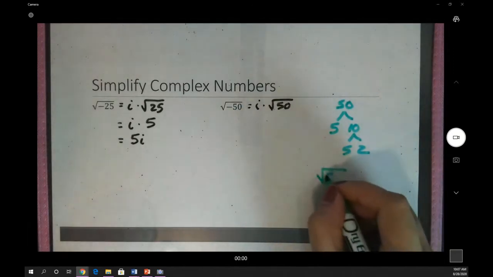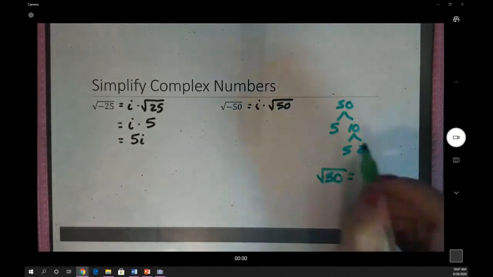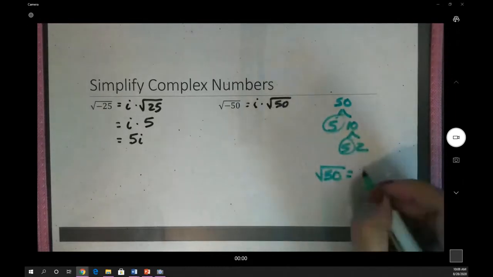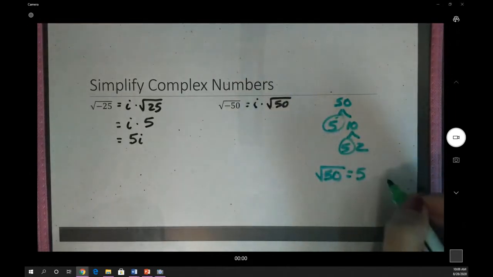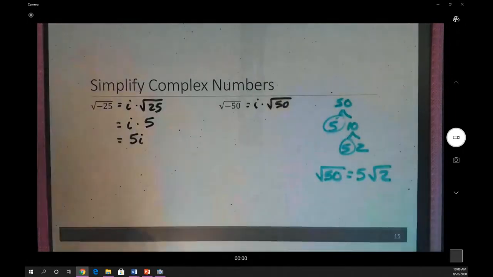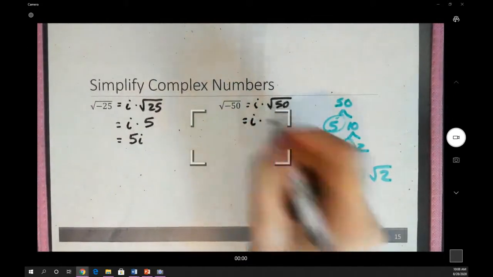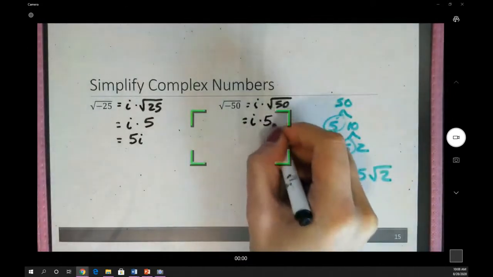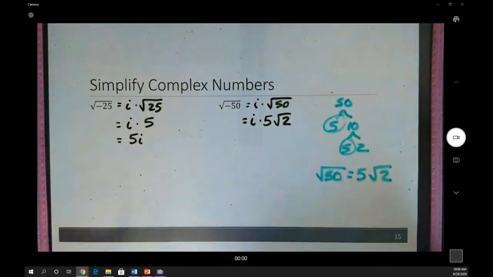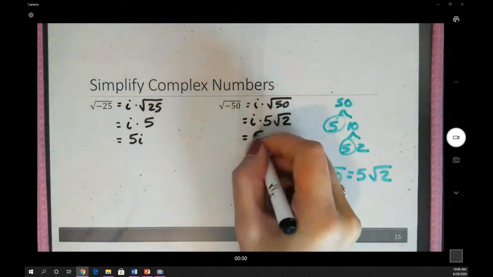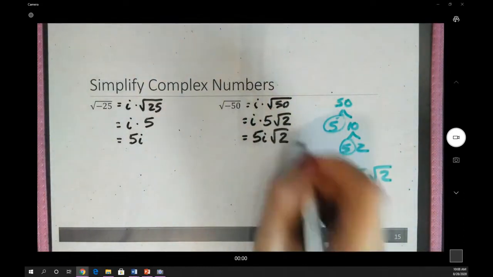That means for the square root of 50, we have a pair of 5s, so I can pull out a 5. The 2 doesn't pair up, so it stays under the radical. So that means I have i times 5 times the square root of 2, which we are going to write as 5i times the square root of 2.